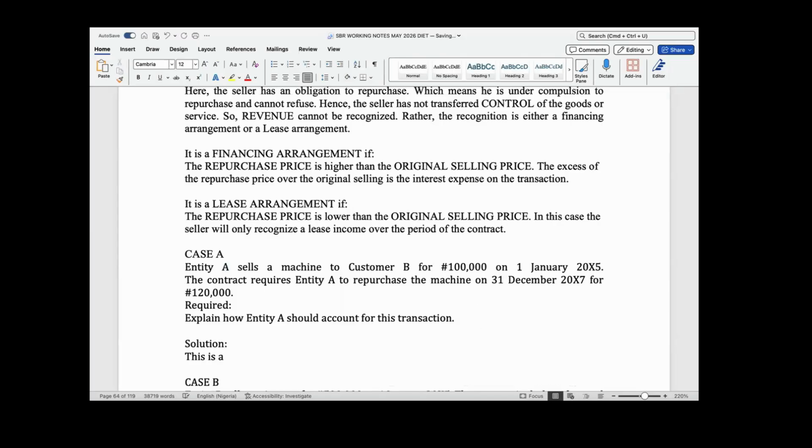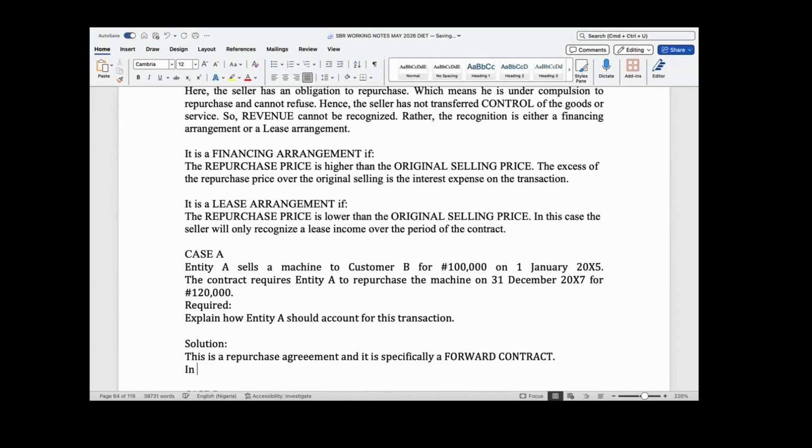In this case, this is a repurchase agreement, and it is specifically a forward contract because it requires the seller to repurchase.